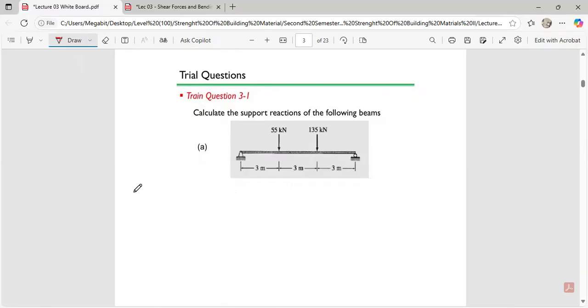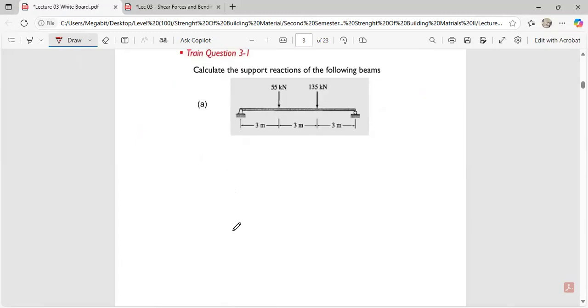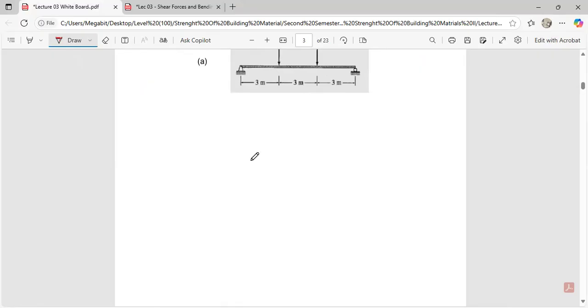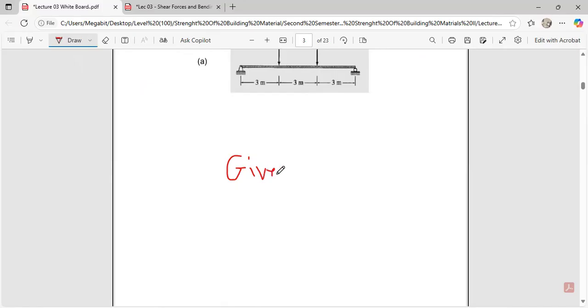So in trial 1, let's say this is our question. If this is our question, in our answer booklet, what do we do? First of all, we have to write the given. Okay, so let's say this is the given. Then after writing the given, you come back to analyze the problem.